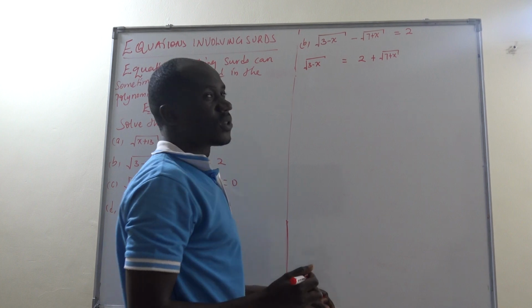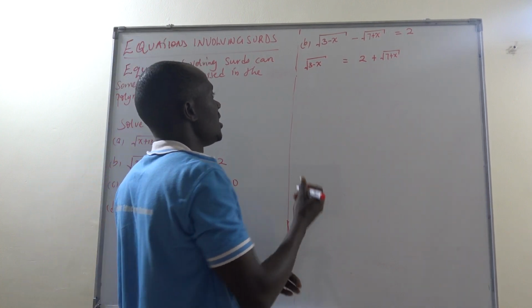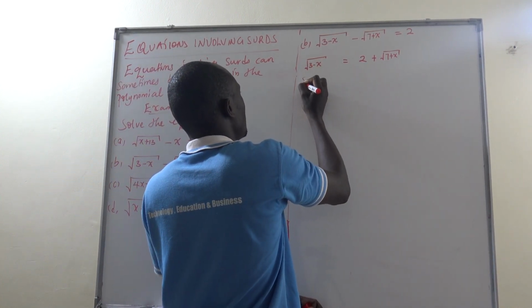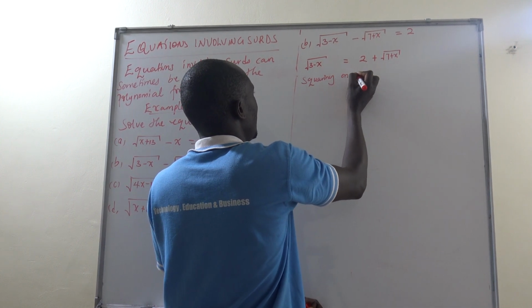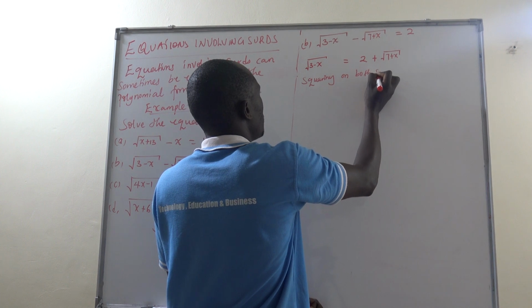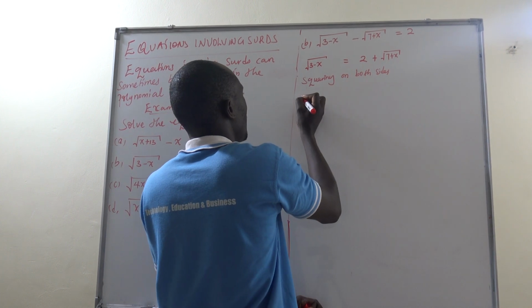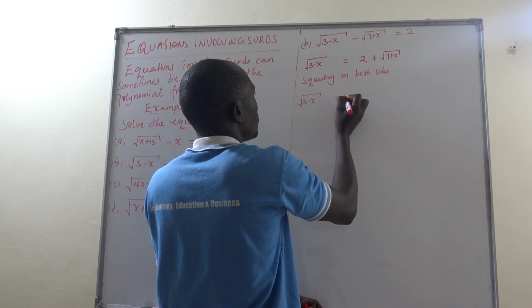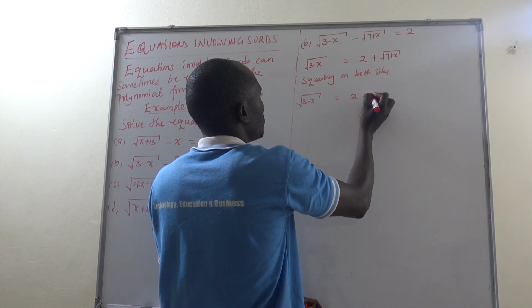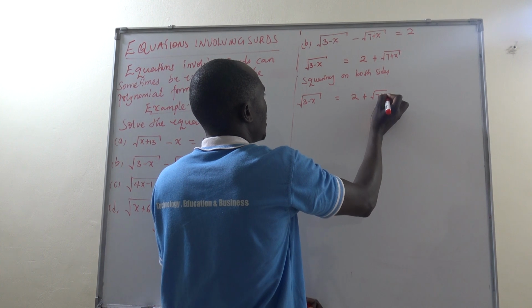So we say squaring on both sides. What do we have? Root of 3 minus x equals 2 plus root of 7 plus x.